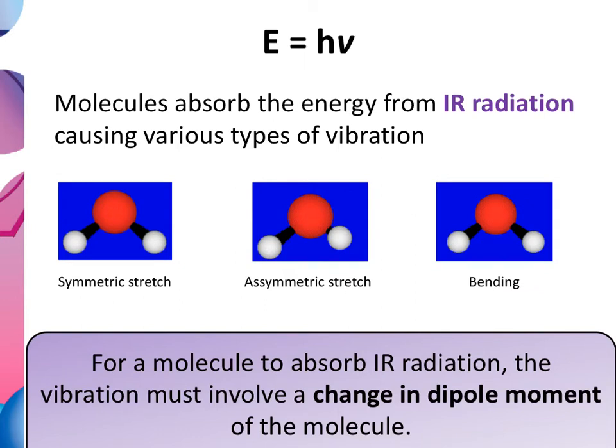So the equation at the top of this page isn't really that important for this topic. It is something that we'll come back to in year 13. But you're hopefully not surprised to discover that E represents energy. Nu represents frequency. And then the h is Planck's constant, which is the smallest unit in science.